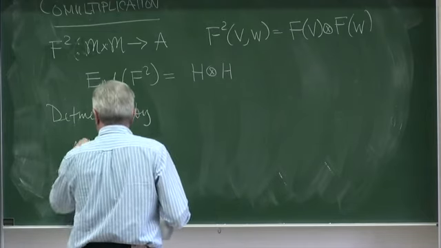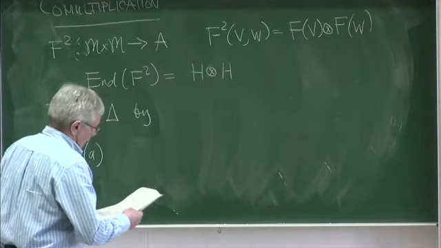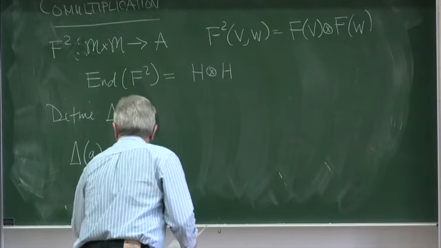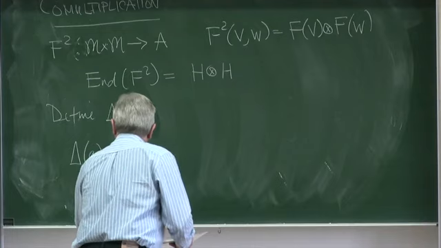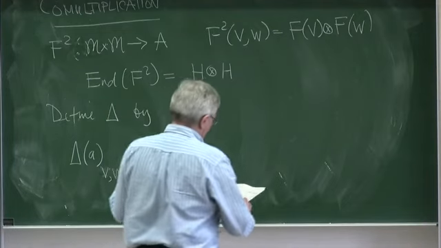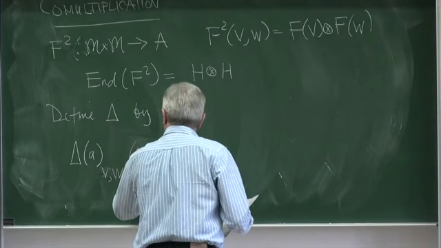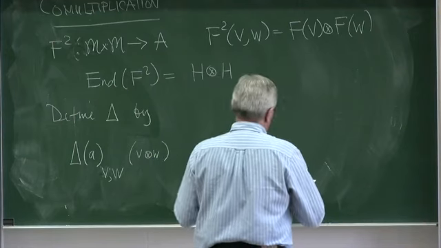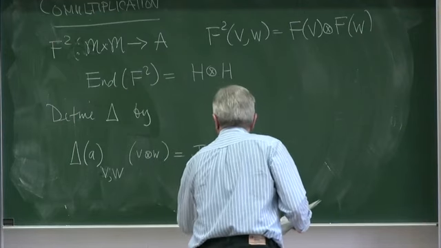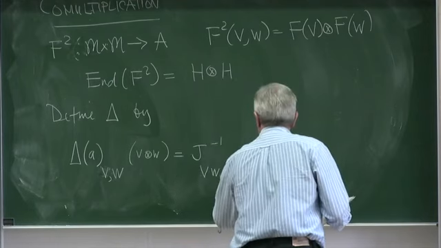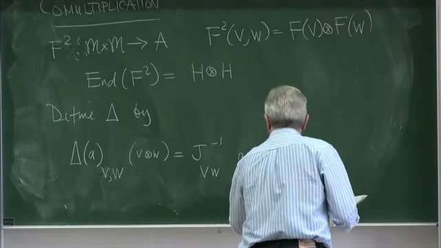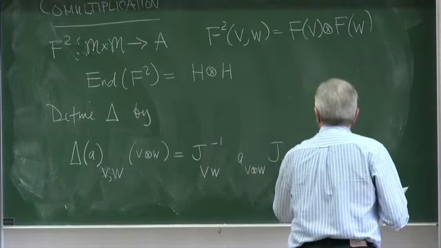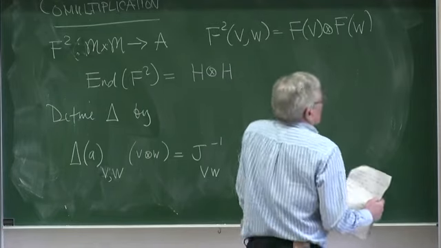Okay, so delta of A, right? That's something which is going to have to do something on V and W. First I'll write the formula, and this is something I'm going to apply to V tensor W. This will be J V W inverse A V tensor W J. So I'll write it out as a composite.